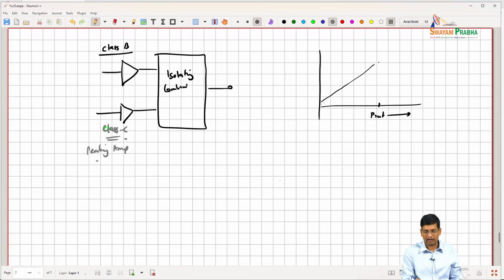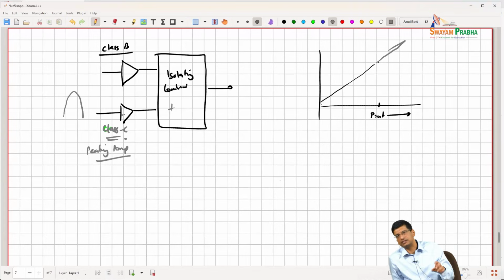So when the input signal swing goes really high, then this transistor, which is in class C, turns on, and then it starts adding some power. So then the overall power increases. Since the class C amplifier is turning on for a short duration of the cycle, which is what class C does, it's quite efficient.